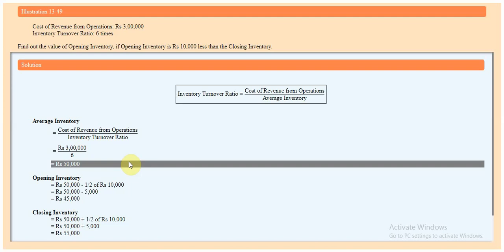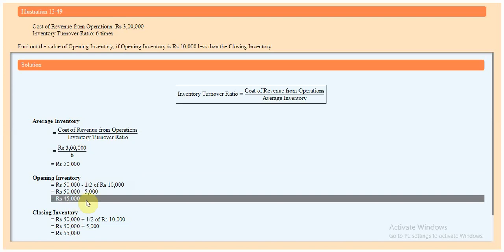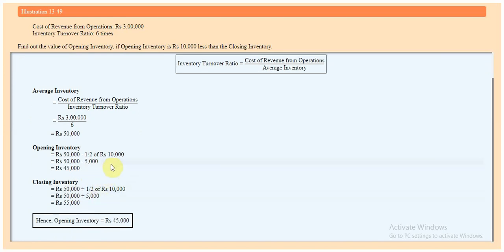So opening inventory is equal to what? 50,000, that is the average inventory, minus half of the difference between opening and closing. So half of the difference is rupees 5,000 according to the question. So just subtract 5,000 from the average inventory to get the opening inventory, which is 45,000. So if opening inventory is 45,000, what will be the closing inventory?